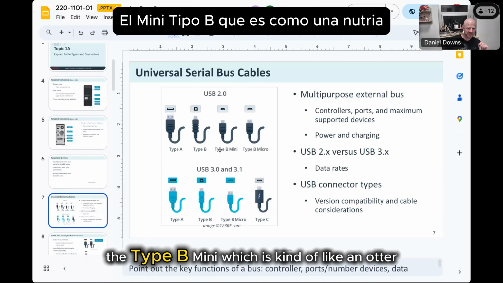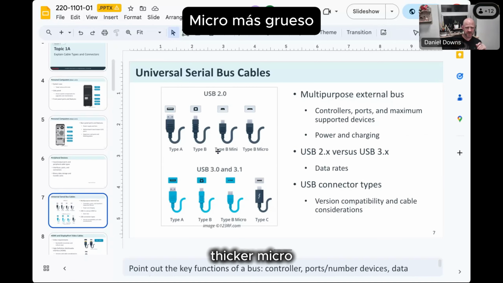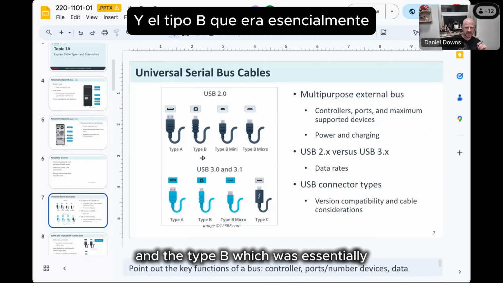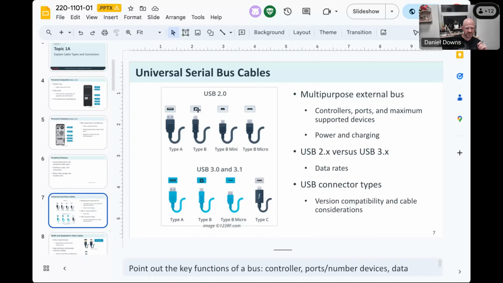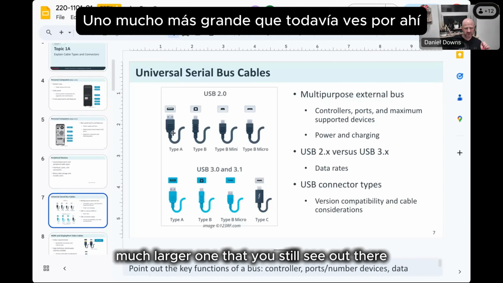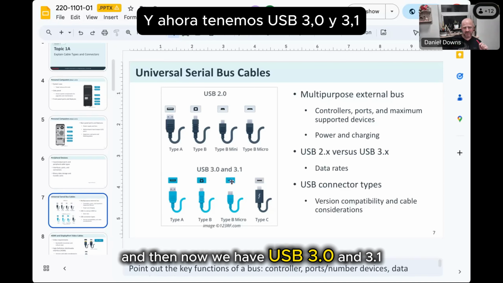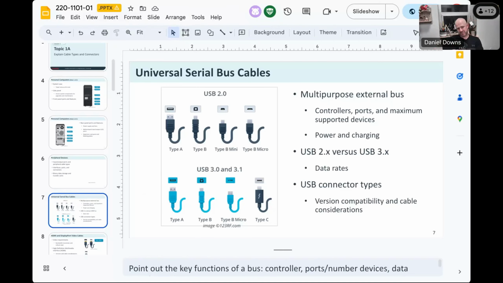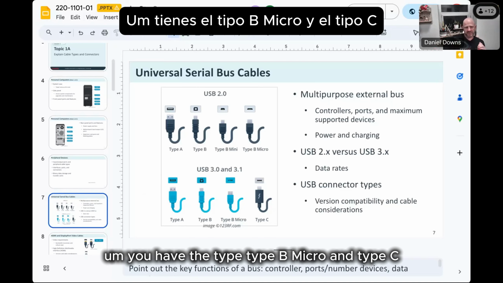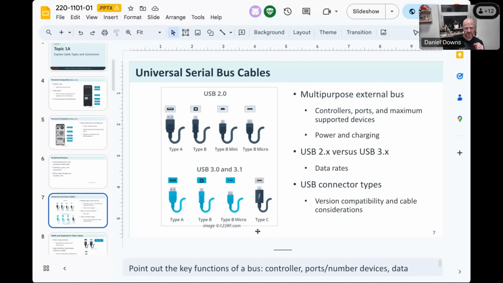The type B mini, which is kind of like an odder, thicker micro. And the type B, which you'll see on printers, and type A, a much larger one that you still see out there. And then now we have USB 3.0 and 3.1, which has additional power for USB charging. You have the type B micro and type C.